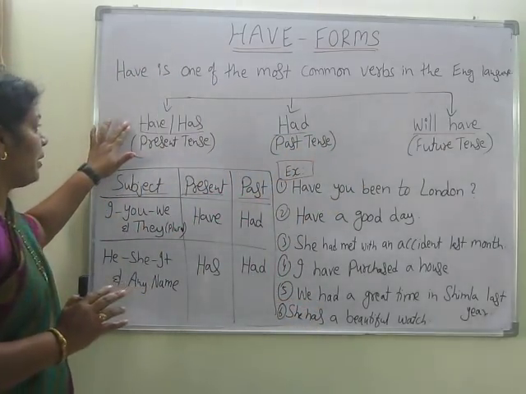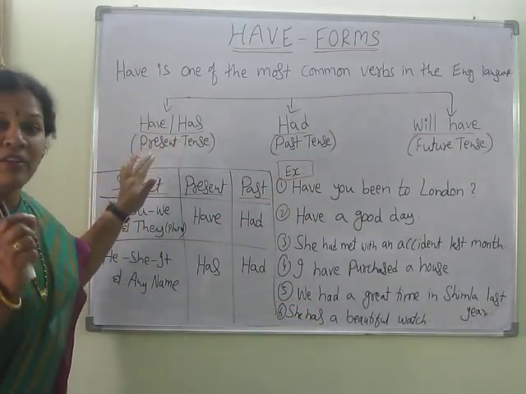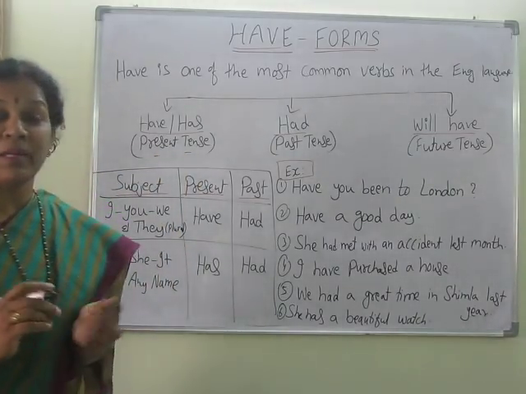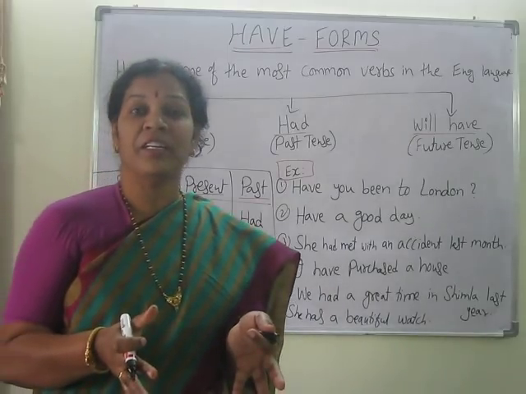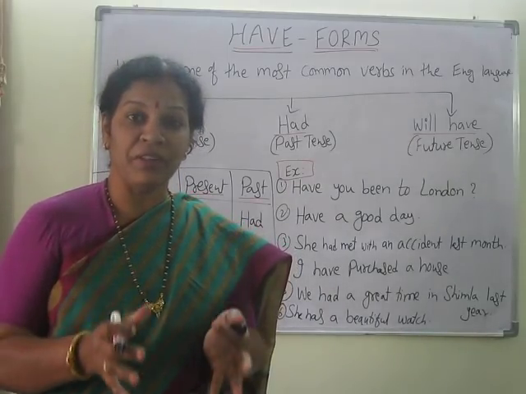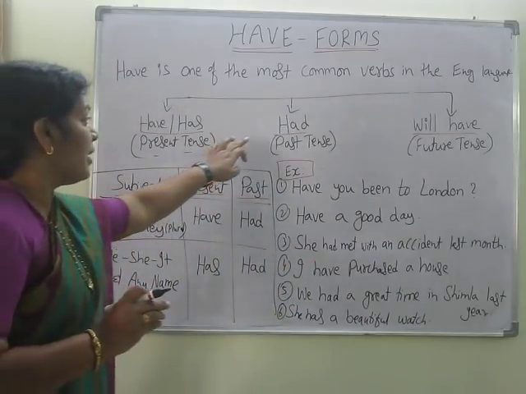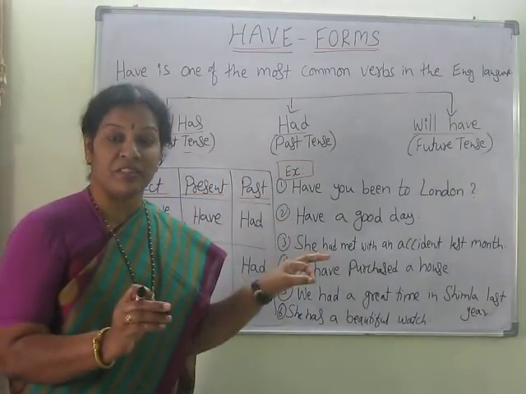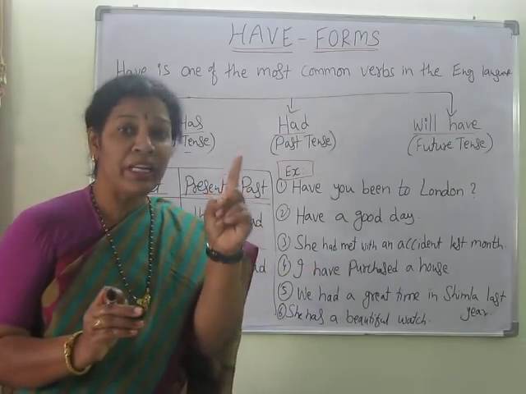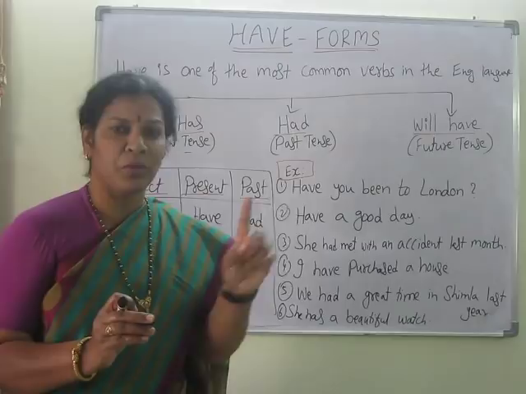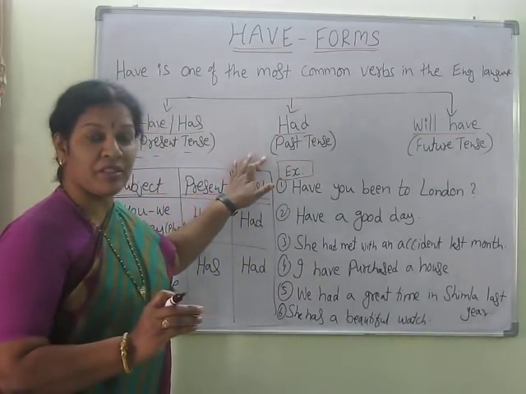The first one, have and has, we use for the present tense, for any kind of transaction or event in the present. And had we use for the past tense. For the past tense we use only had. We never use have or anything else. Only had.